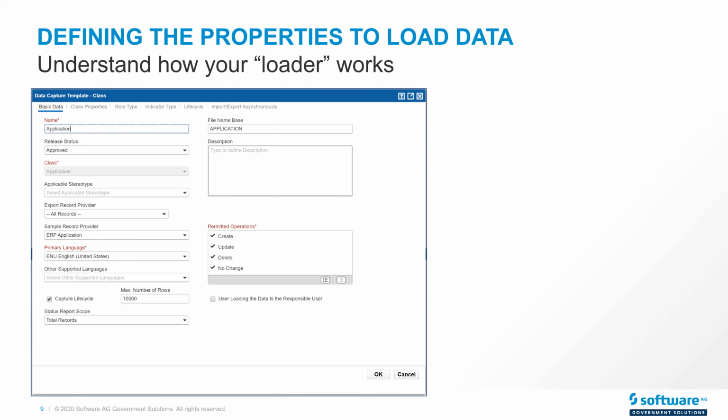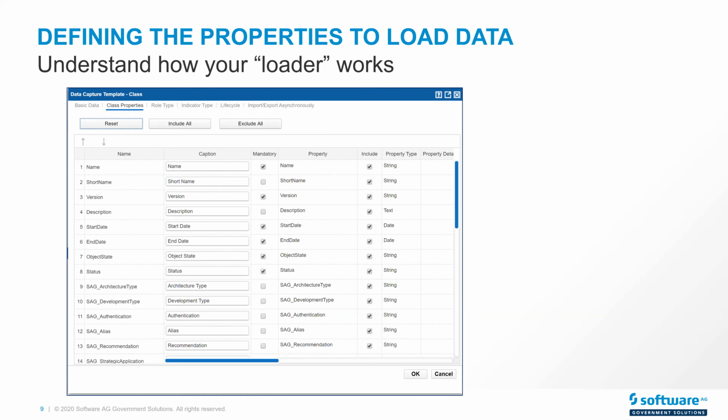If I continue to look at the additional fields, I'm going to go across the tabs now. I'm going to look at the list of attributes that are available to be included in this data capture. I can include all the attributes, I can exclude all the attributes, or I can selectively define what attributes are mandatory and what attributes not only are mandatory but are included in the data capture template.